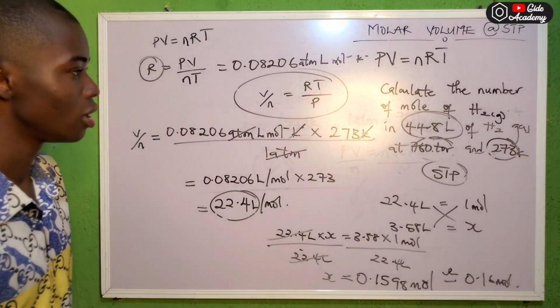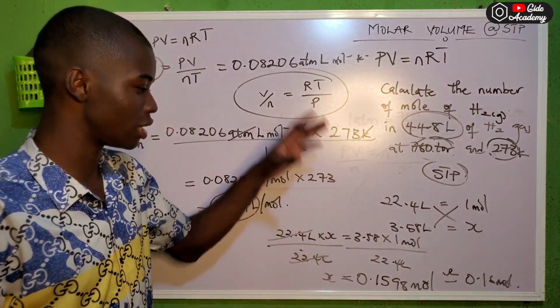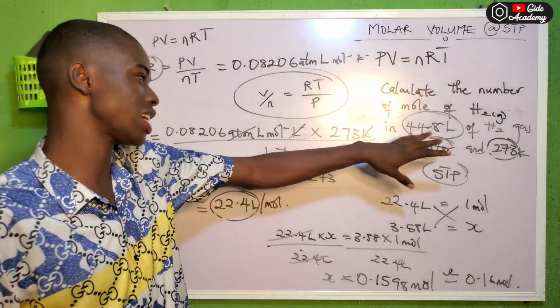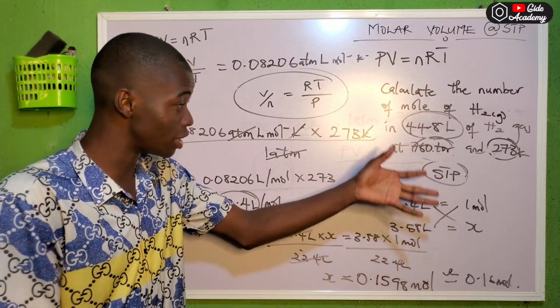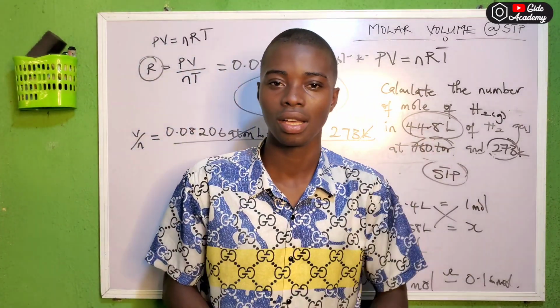Please do this. If you can get this answer correctly, I'll be very glad that indeed you're understanding something. This answer is very cheap. So please, everybody, try this, then drop your answer in the comment section.